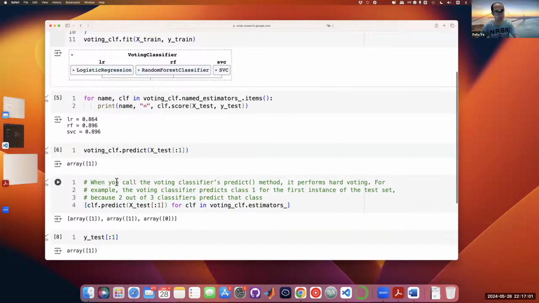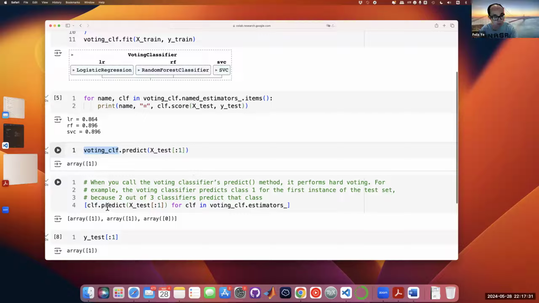However, if we make a prediction for the first data point, which is X test 0, my voting classifier actually predicts 1, right? But what you can do is explicitly see what each estimator predicts for all three of them.